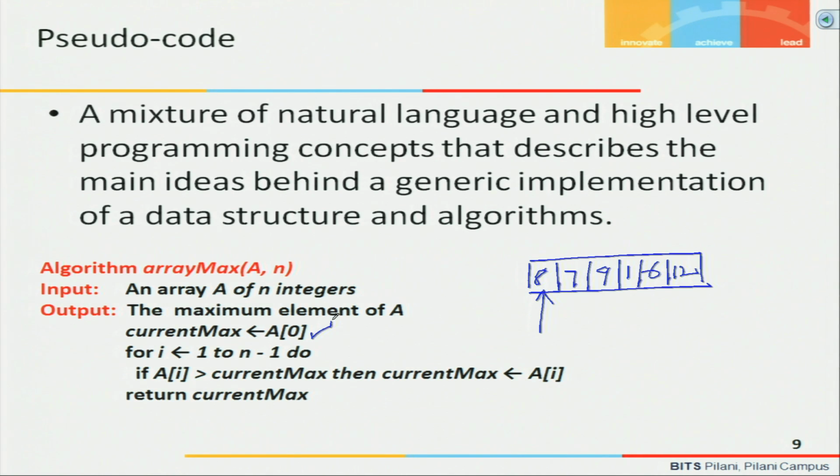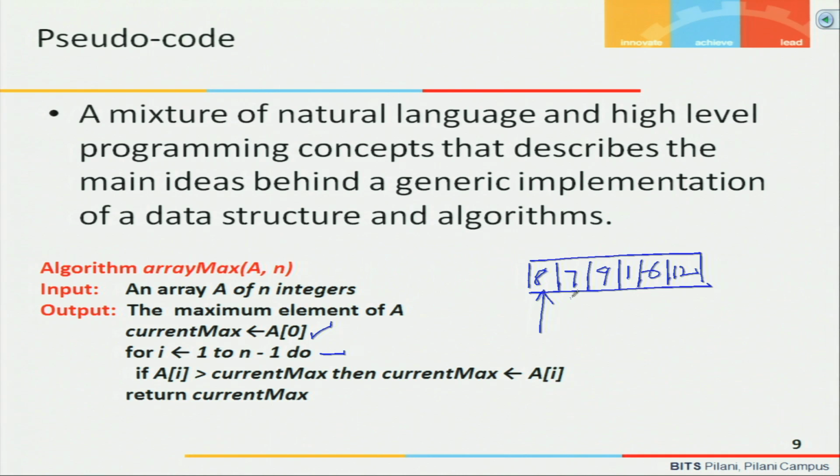Now, we have a loop which is going to scan the elements from left to right one by one in a sequence, and as it scans the elements it updates the maximum of all the elements it has seen up till now, right. So, as i varies from 1 to n, you already initialized max to 8.